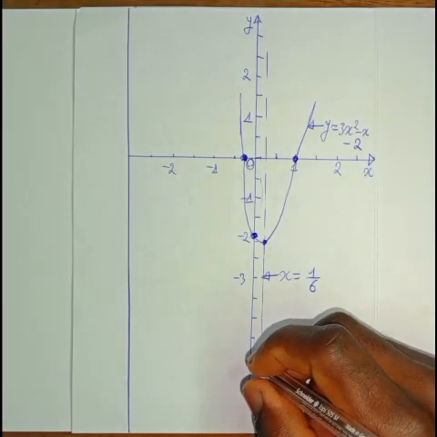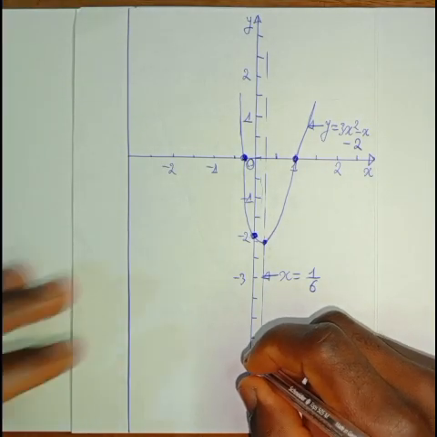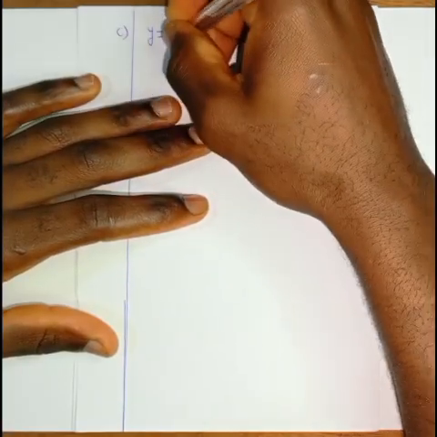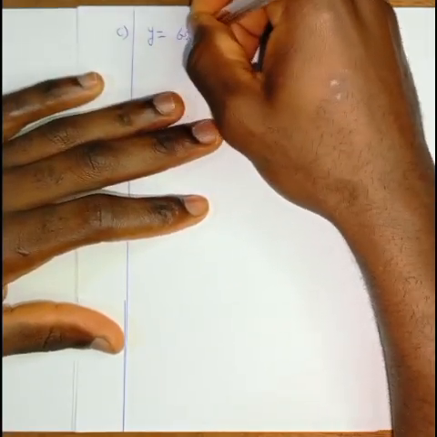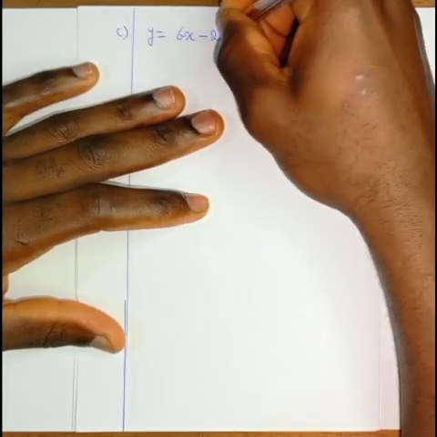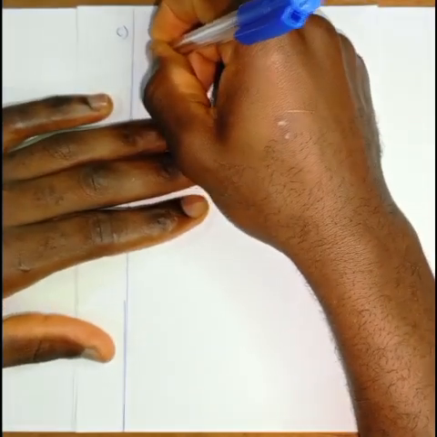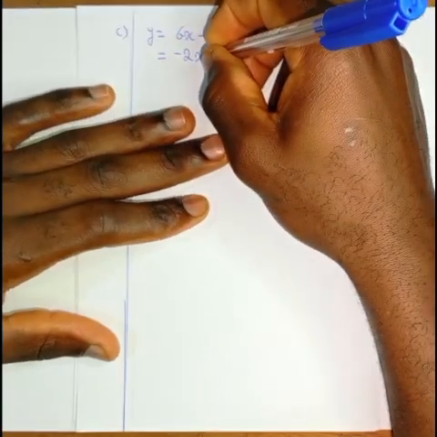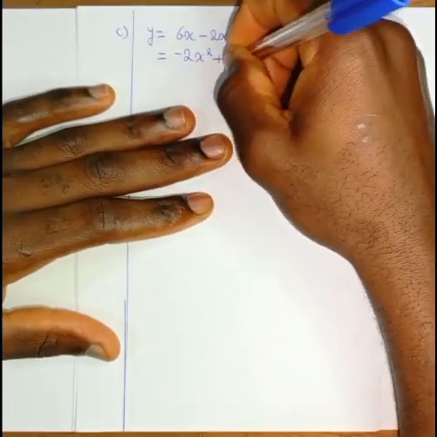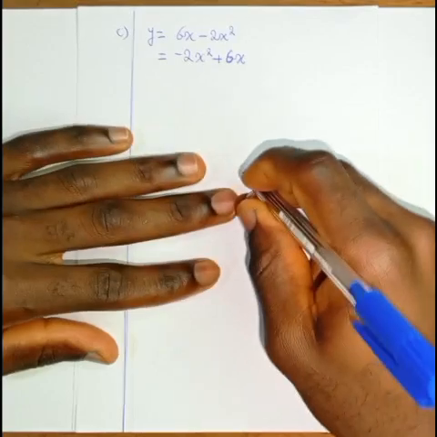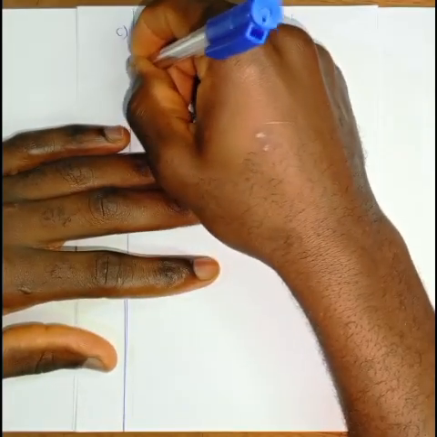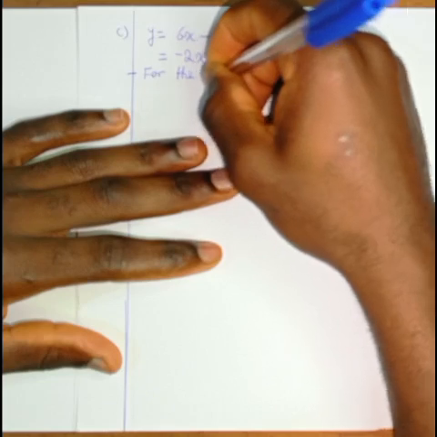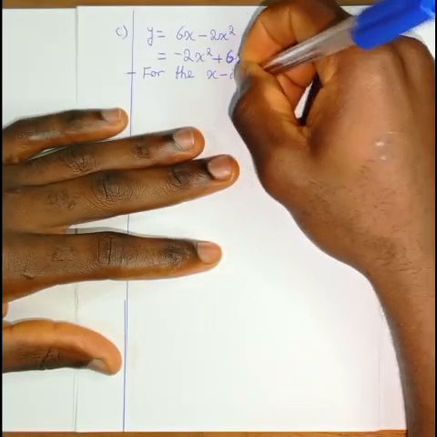We go now to question C, the last question. C, y is equal to 6x minus 2x squared. We can arrange this as -2x squared plus 6x. First thing, we need the x-intercepts.